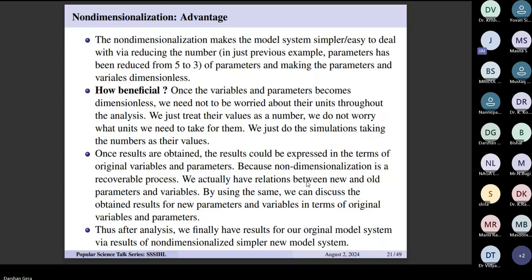Once the results of this new system are obtained, everything is recoverable. Then you can look at the combination of parameters and predict the scenario for your original system. So after the analysis, we finally have the result for the original system from the non-dimensionalized, simpler model system.